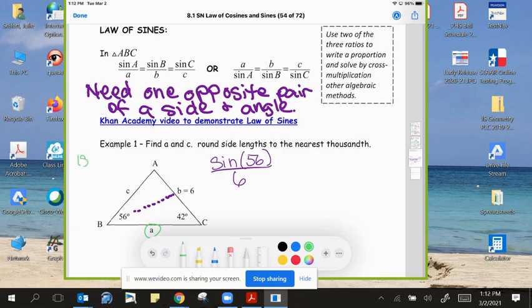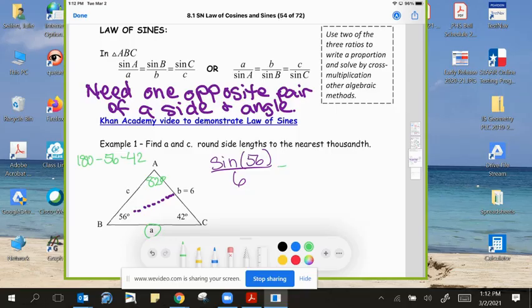Subtract from 180, yes. 180 minus 56 minus 42. So that angle is 82 degrees.